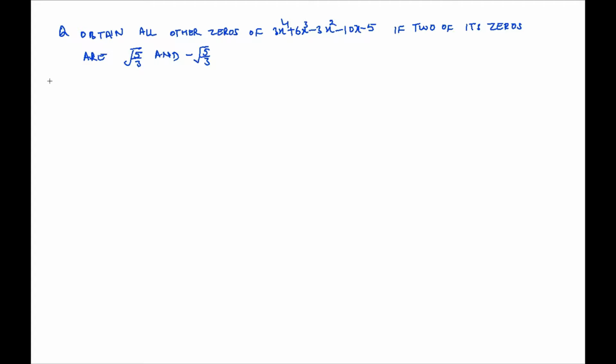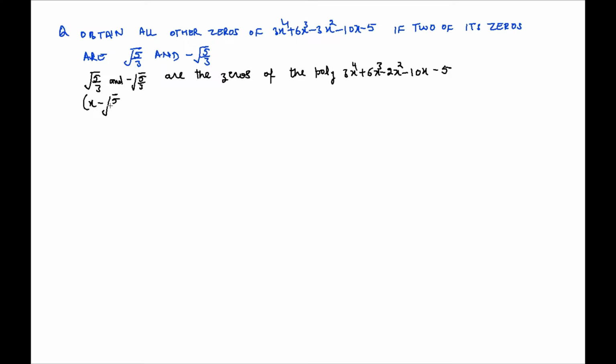Similarly here, if root 5 by 3 and minus root 5 by 3 are the zeros of the polynomial, then x minus root 5 by 3 and x plus root 5 by 3 are the factors of the given polynomial.